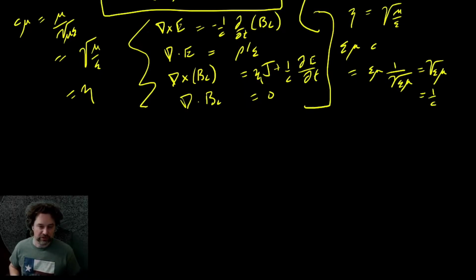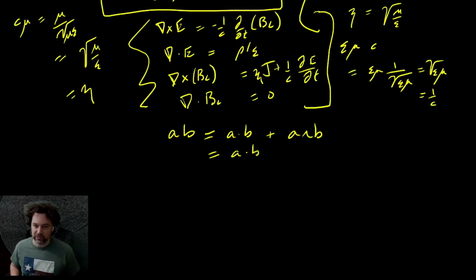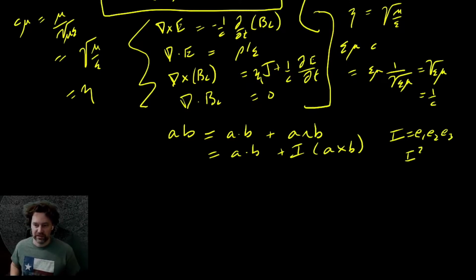So what we're going to use is the fundamental identity of geometric algebra, which says that the product of two vectors is the dot product plus their wedge product. And in particular, we're going to write the dual form of the wedge product. So that is A dot B plus I times A cross B. And here I is E1, E2, E3, and we have I squared is minus 1.